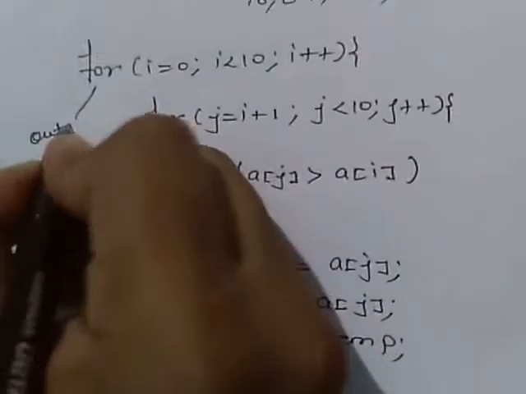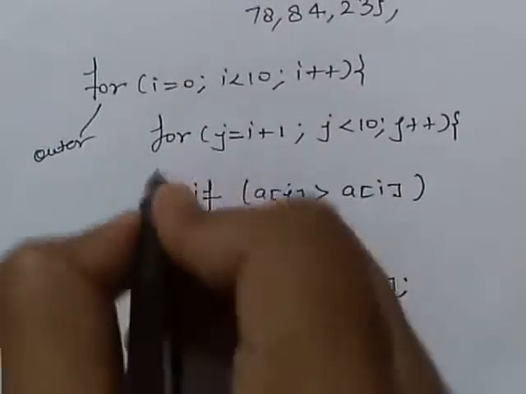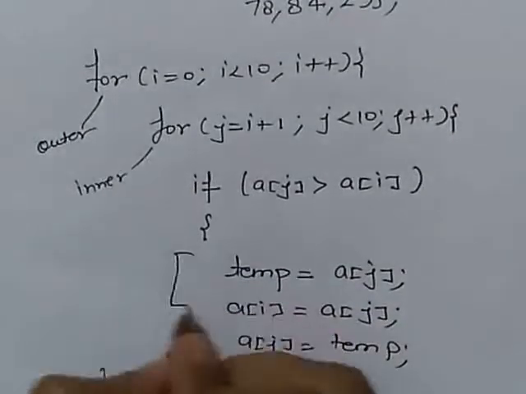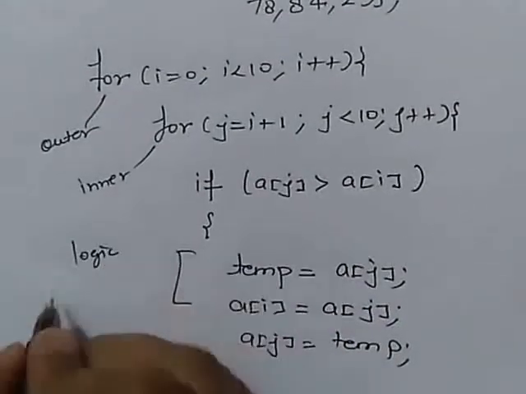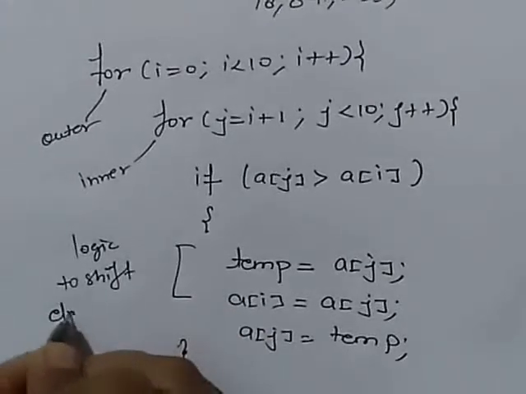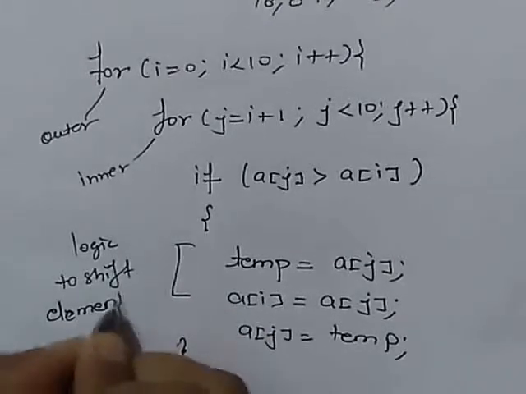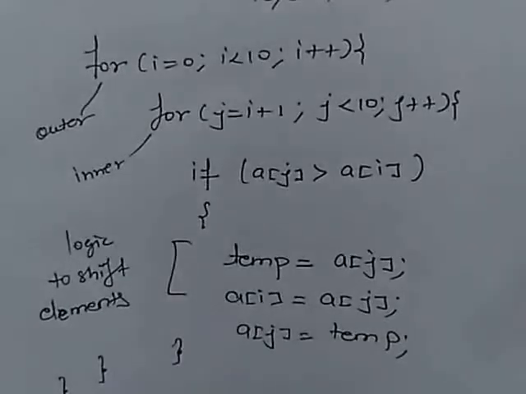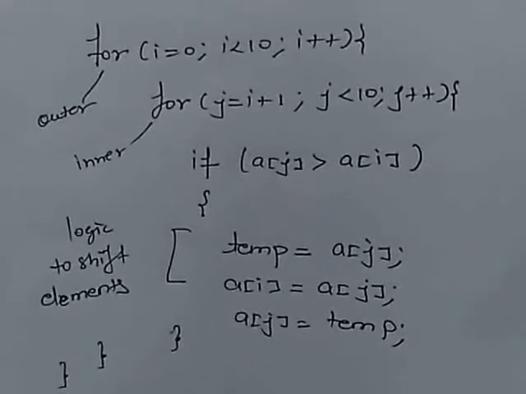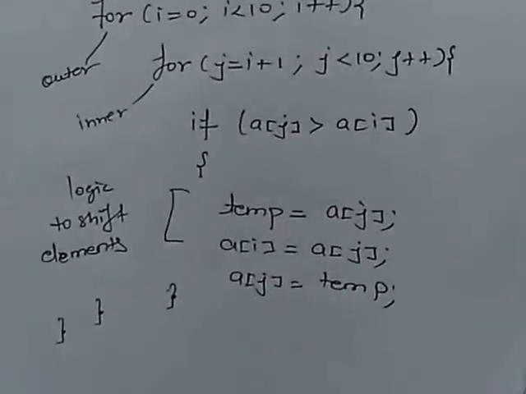So in short, this is the outer loop for traversing the array elements, this is the inner loop for changing the position, and this is the logic to shift elements from one position to another. At last, we have to print the elements with the help of a loop.